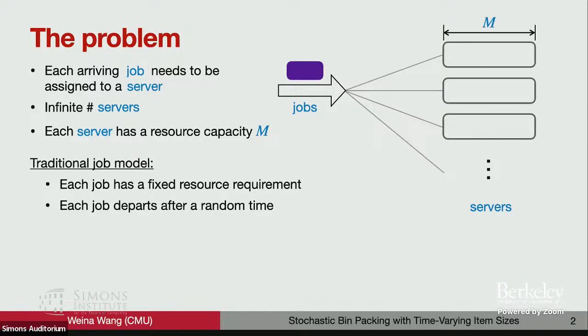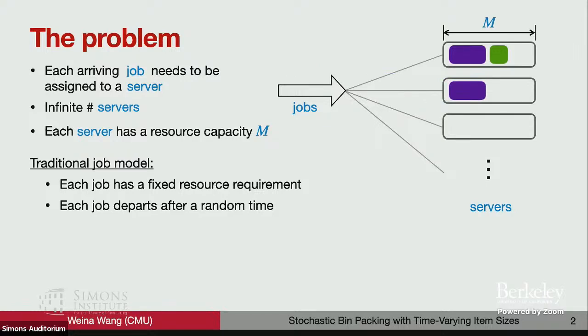In this setting, for example, a job comes in and we give it to the first server. Another job comes in, we give it to the first server, and then another one. Then jobs could depart, like this last job here, which just departed. Now another job comes in. We couldn't fit it into the first server, so we give it to the second server, and it goes on like this.